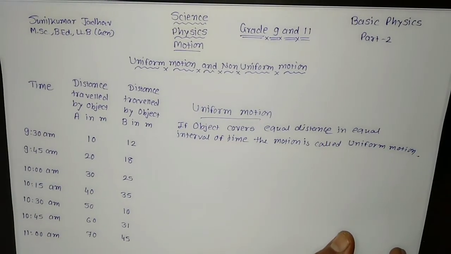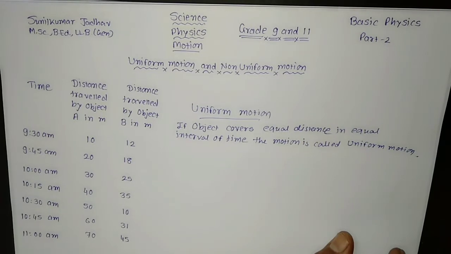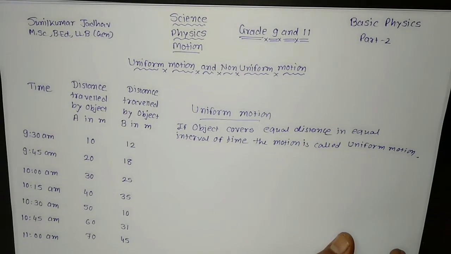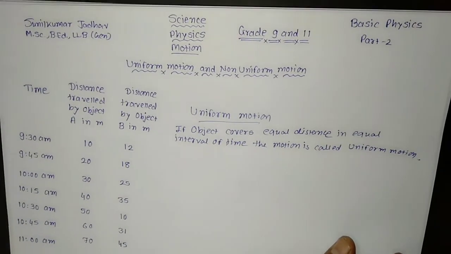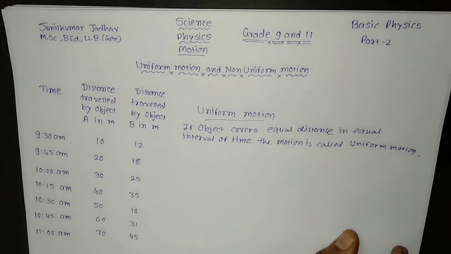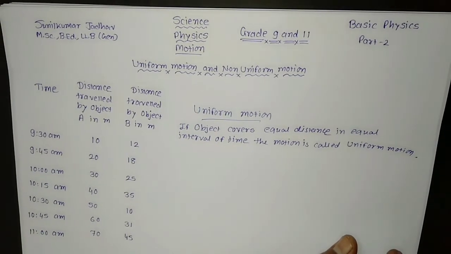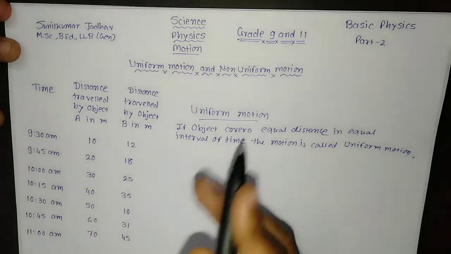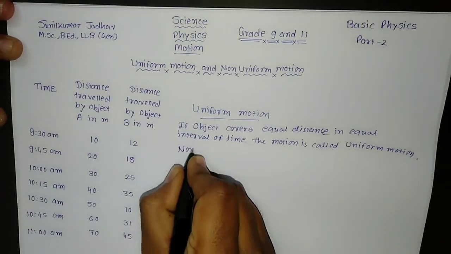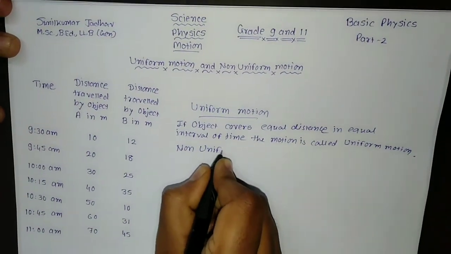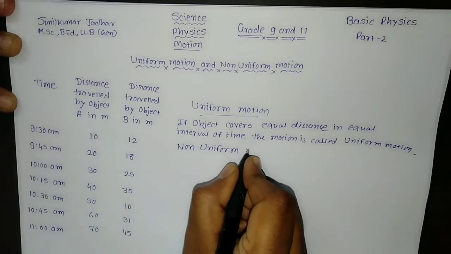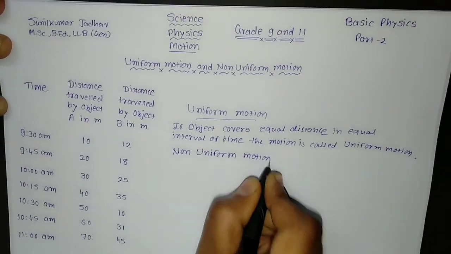If the time interval is small, we can use uniform motion. In day-to-day life, we come across motion where the object covers unequal distance in equal intervals of time. That is what we call non-uniform motion. I'll write it here, non-uniform motion. What is non-uniform motion?